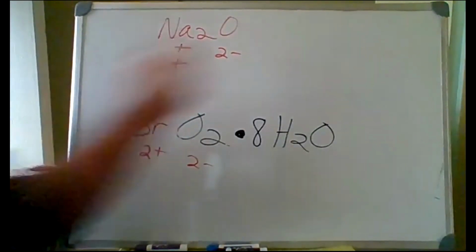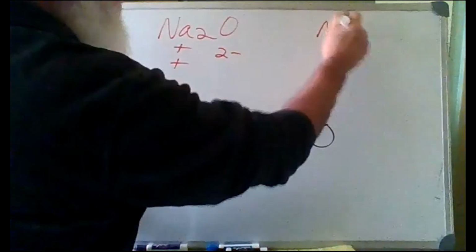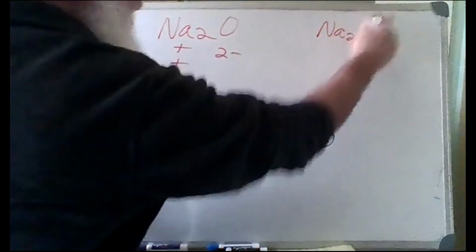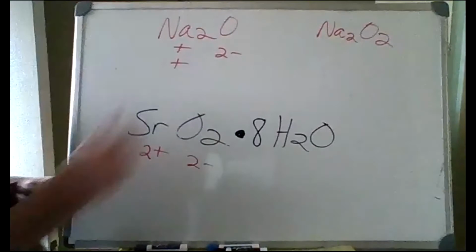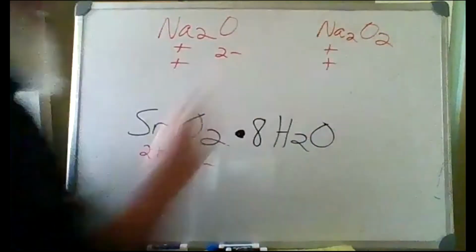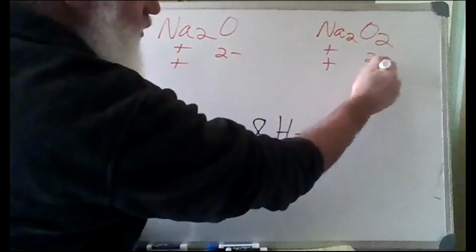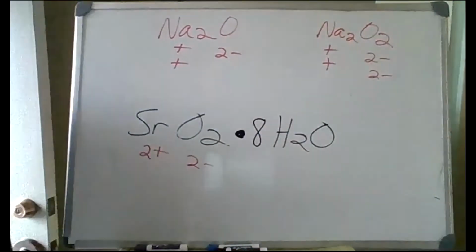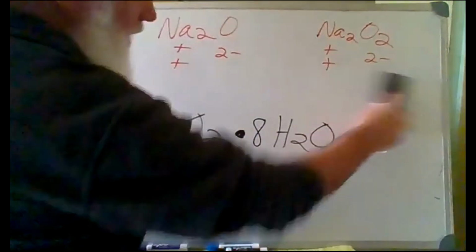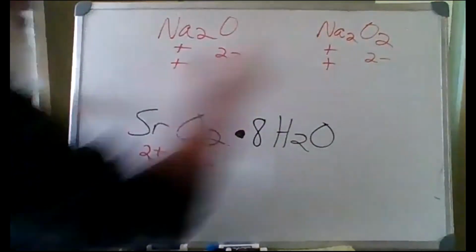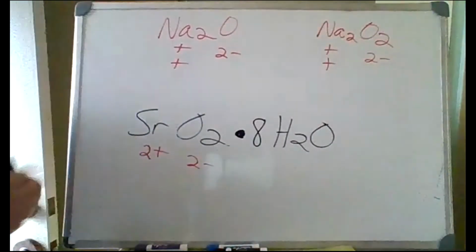But let's look at this compound, Na2O2. Each sodium is +1. If I say this is 2 oxides, then that's -2 and -2, not neutral. So that cannot be sodium oxide. It must be sodium peroxide. That's just 1 peroxide, right?